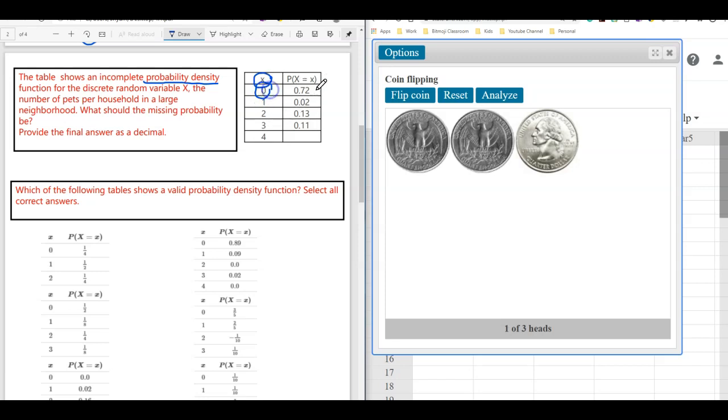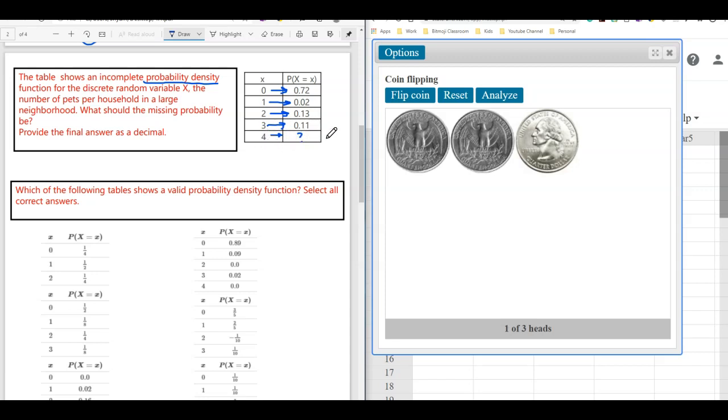As you can see, the majority of the people don't have any pets. Let me erase this again so you can see it better. So I have 0 pets, probability is 0.72. 1 pet is 0.02. 2 pets is 0.13. 3 pets is 0.11.